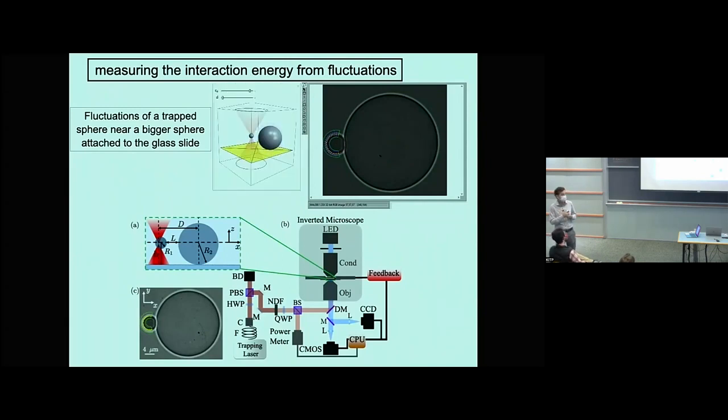But in the optical image we cannot see what the distance is, because here the distance is a few hundred nanometers. But this bead here is really fluctuating. And this is another cartoon of the situation. What we are going to do is measure this position as a function of time. The position of the bead is represented by the red point here. I don't know if you can see it at the center.